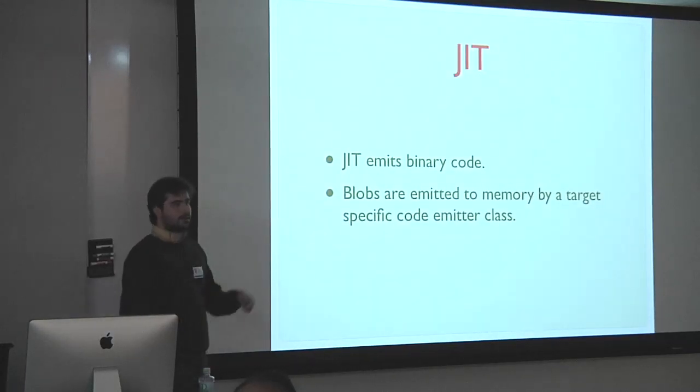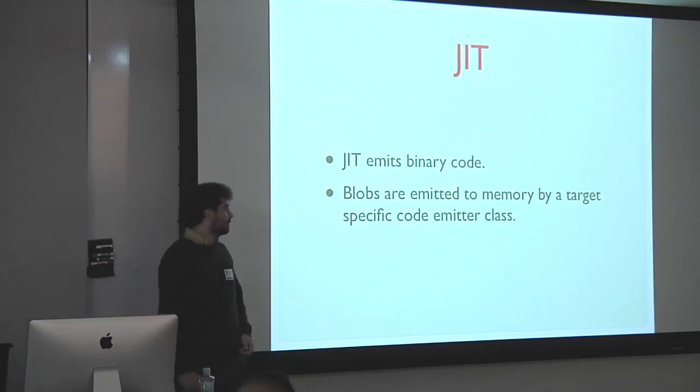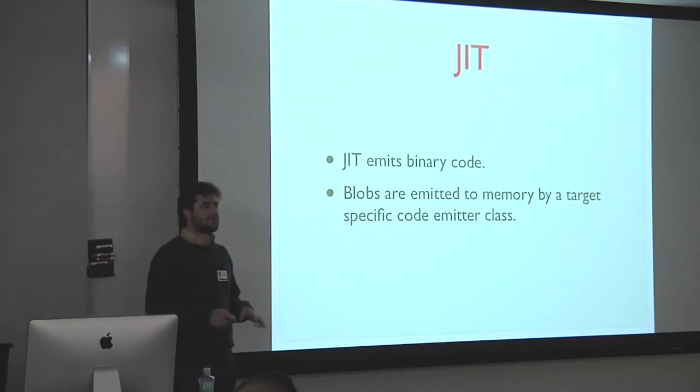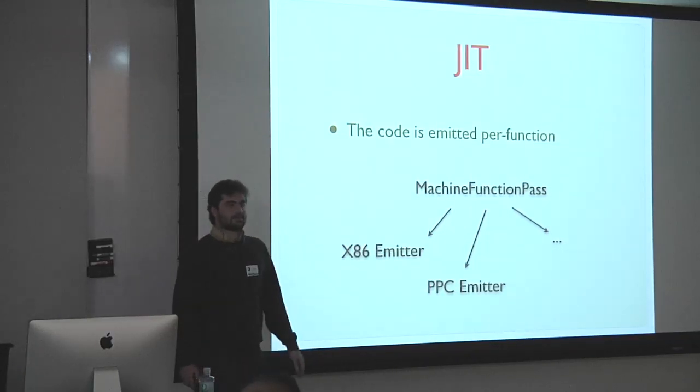Now I will show you how the JIT works. The JIT works basically by emitting binary code to memory. We have blobs of code which are emitted by a target-specific emitter. This target-specific emitter gets the encoding of the instruction and emits it to memory. And this code is emitted on a per-function basis.